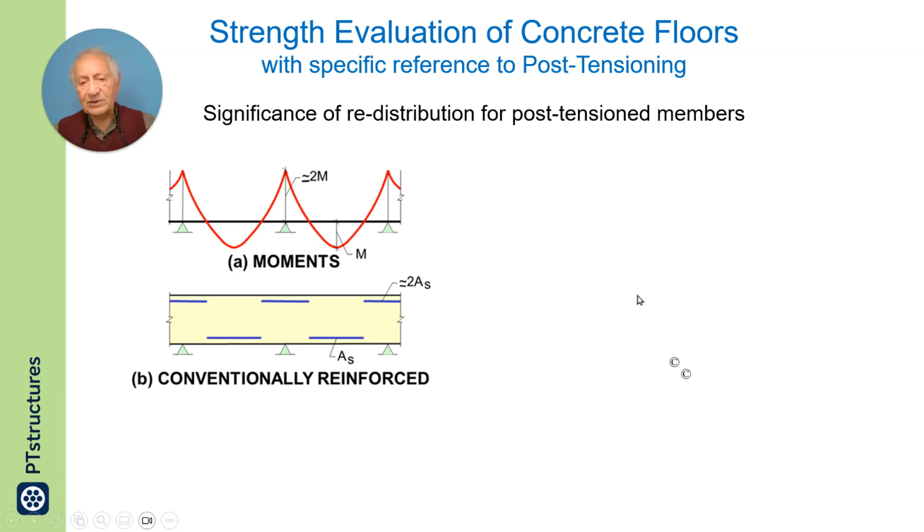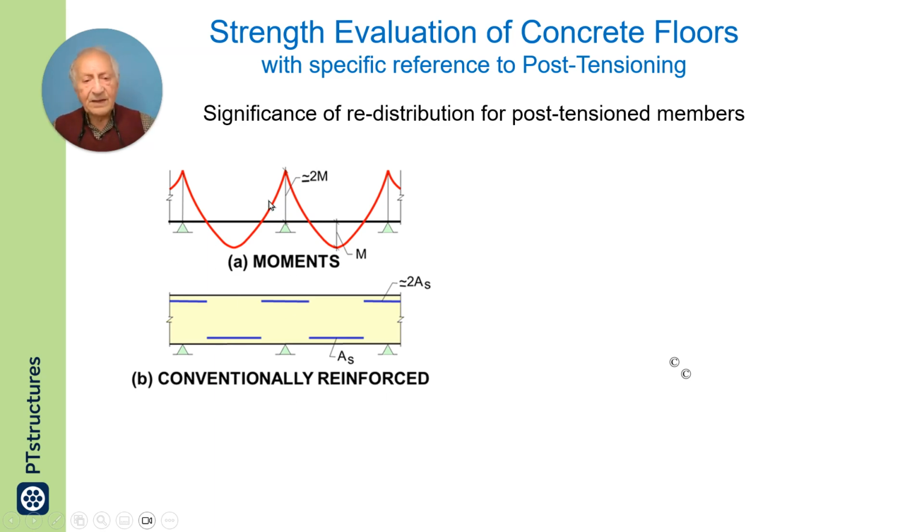Look at this diagram on the left. The top shows a typical distribution of moment. Below shows the reinforcement positioned according to this moment diagram if this were conventionally reinforced.